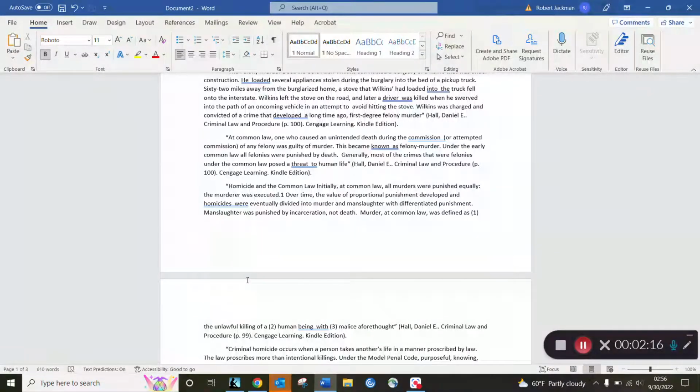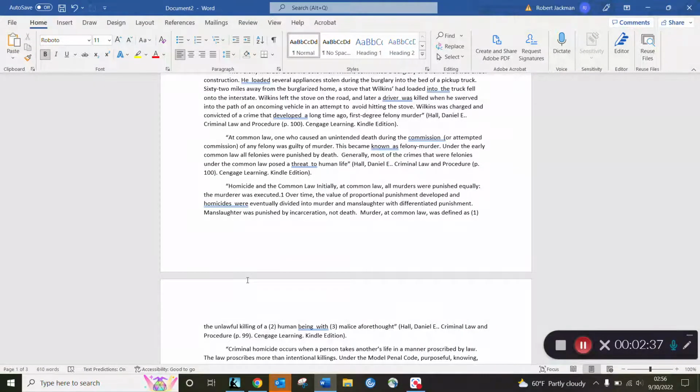This became known as felony murder. Under the early common law, all felonies were punished by death. Generally, most of the crimes that were felonies under the common law posed a great threat to human life. And that's unquote by Daniel Hall on page 100.